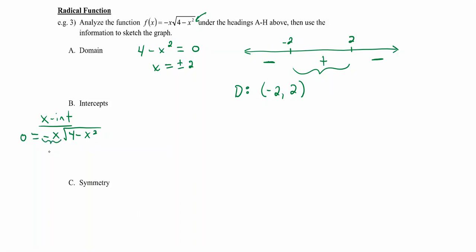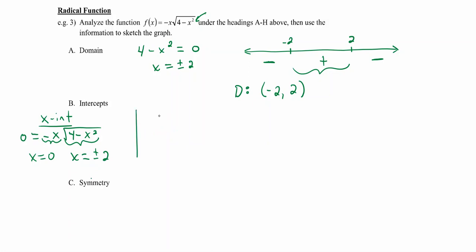In this case, x would be equal to 0. That'd be one of them. And even though this is under the square root, I can still look on the inside, because it doesn't really matter if I take the square root of these things that are going to be 0 too. In this case, it would be x is equal to plus or minus 2. If you set 4 minus x squared equal to 0 and solve for x, you get these. So those are my 3 x-intercepts there.